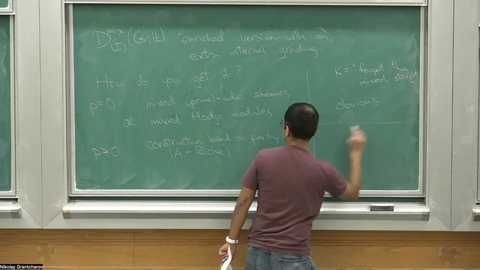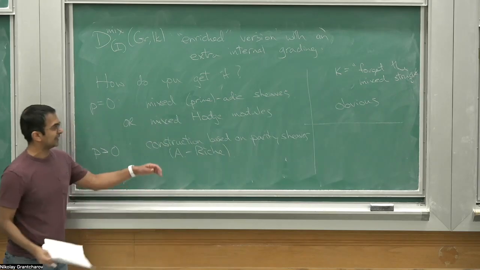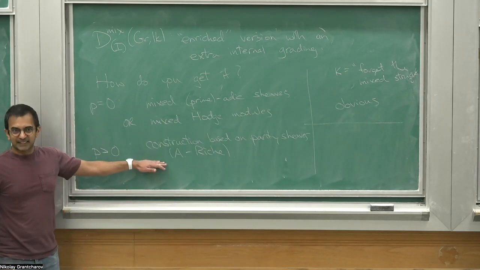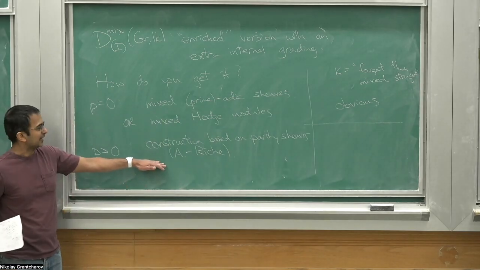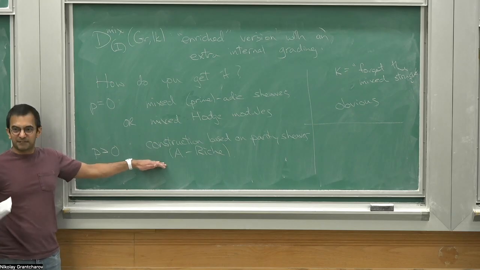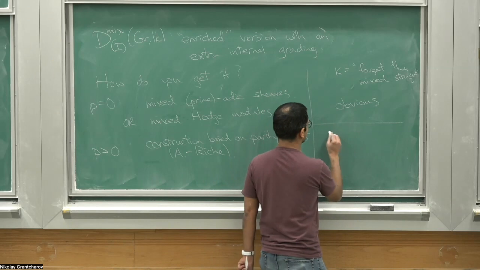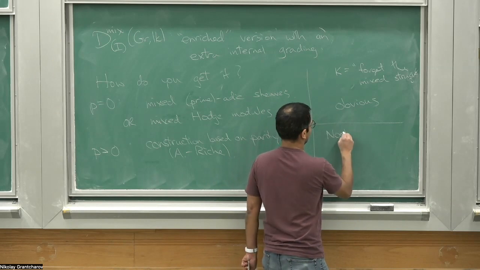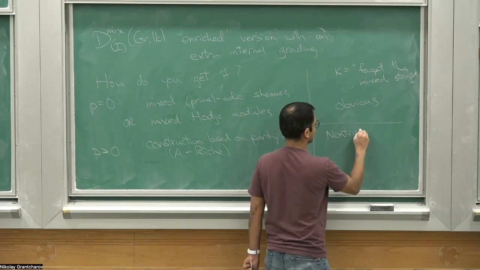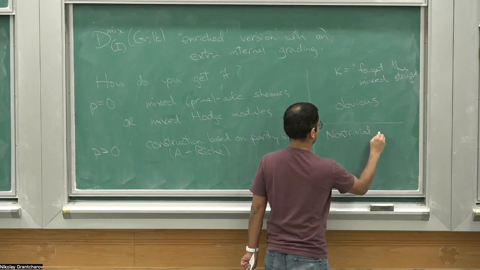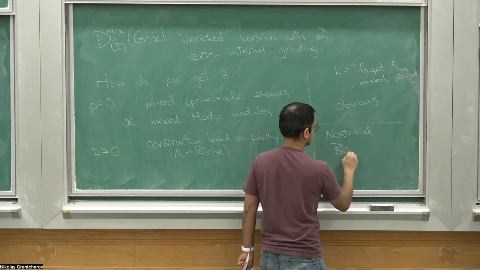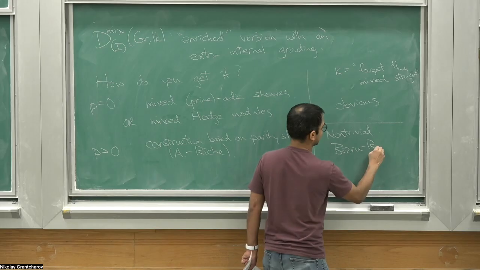It turns out that in this parity sheaf setting, it's not built in, and in fact, the existence of a functor that forgets the mixed structure is highly non-trivial, and it's a theorem of Bezrukavnikov and Rich that it exists.